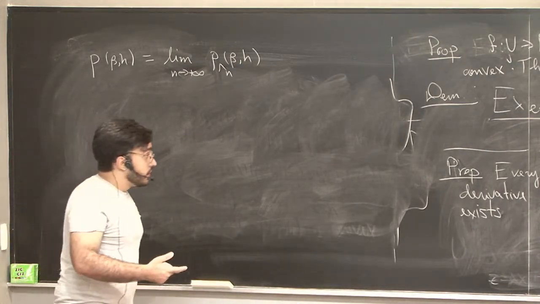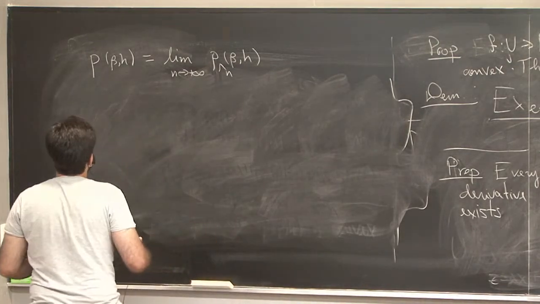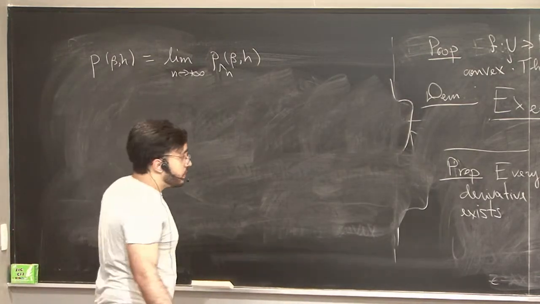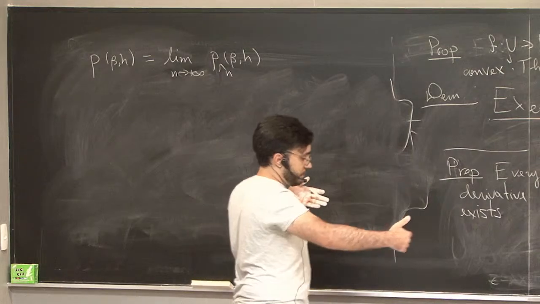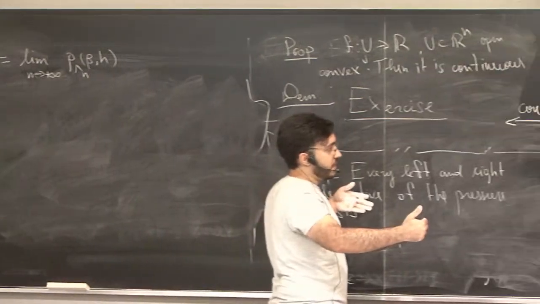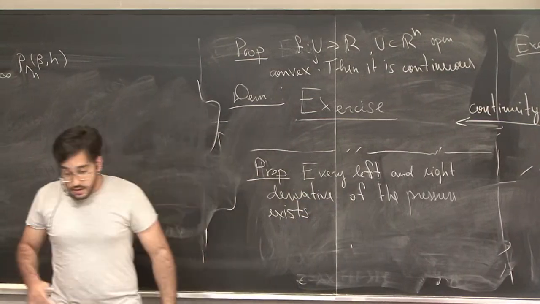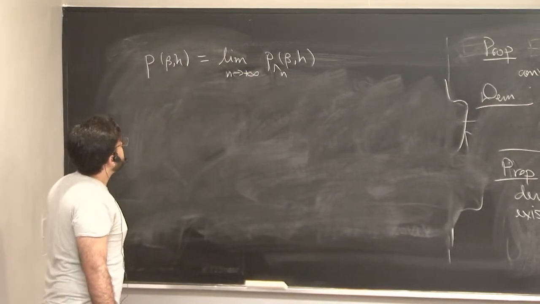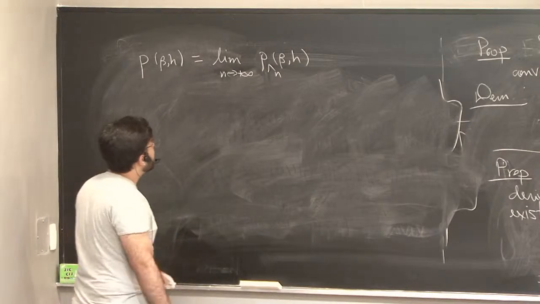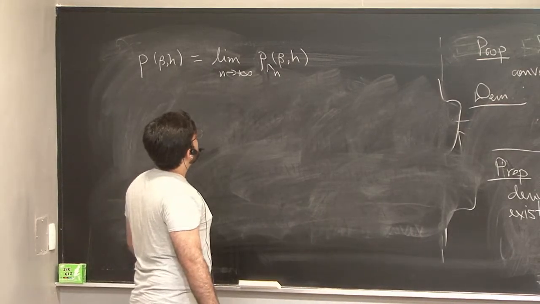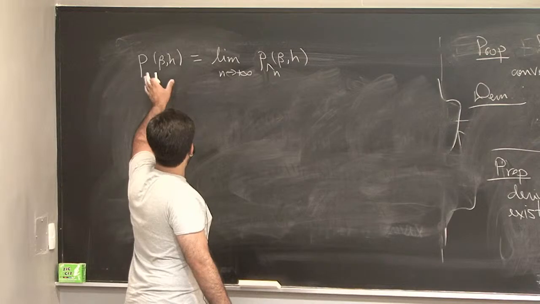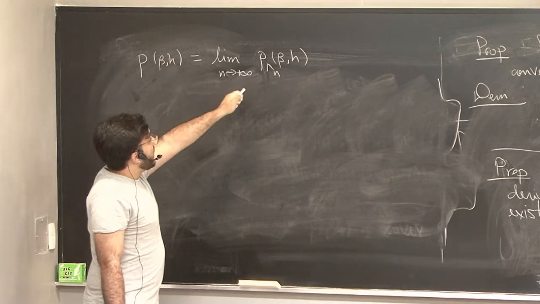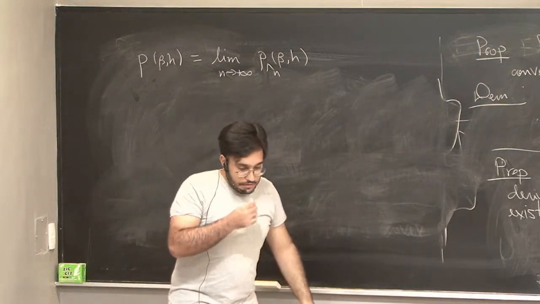I know that since the pressure is convex, at least the partial derivatives with respect to the right and the left side exist. But I want to make a connection with what happens to the derivative of the pressure with respect to the derivatives of the local pressures.